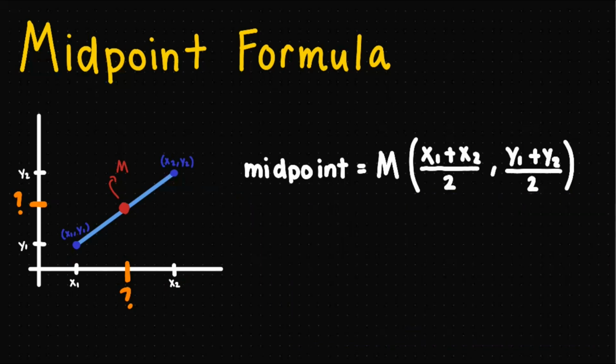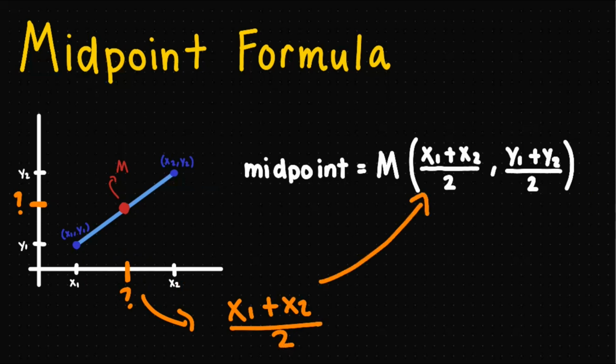Applying that same idea to find the middle coordinates, we simply have x sub 1 for this one and x sub 2 for this one, all over 2 to get the x coordinate. And the same idea applies in getting the y coordinate.